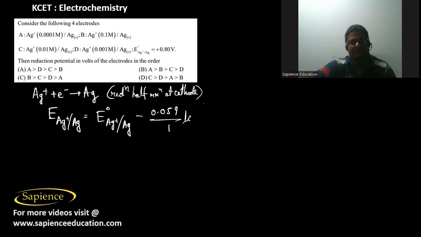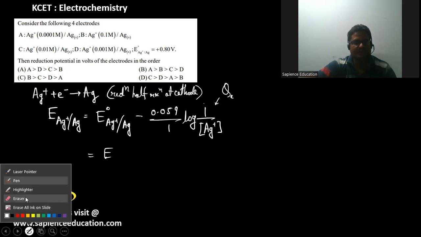0.059 by n log of 1 by concentration of Ag plus, which is the QC. QC is the reaction quotient. E naught value is given as 0.8.